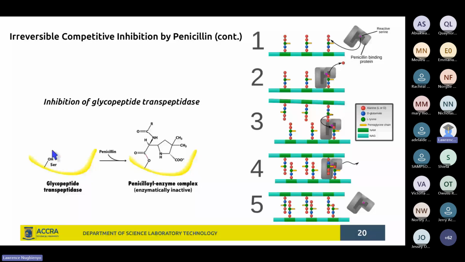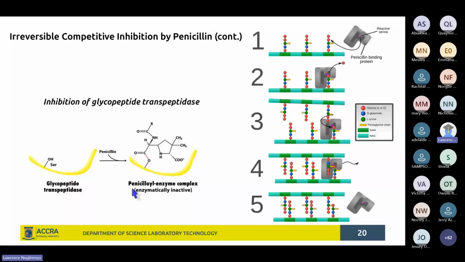If you have a glycopeptide transpeptidase, which has a serine residue, represented by a hydroxyl group in the side chain of the serine residue in the active site of the enzyme, and penicillin binds on that serine, you now have a complex between the penicillin and the enzyme, and that renders the enzyme inactive.